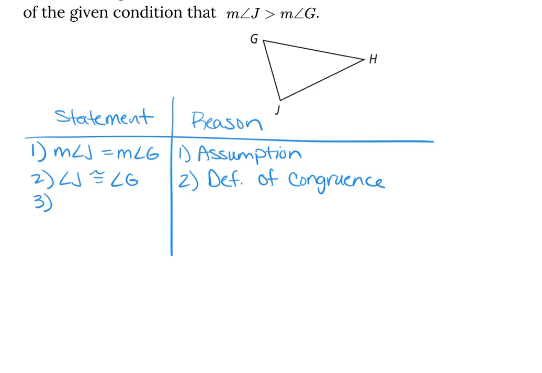And if angle G is congruent to angle J, that means that the triangle is isosceles. That is by definition of isosceles.